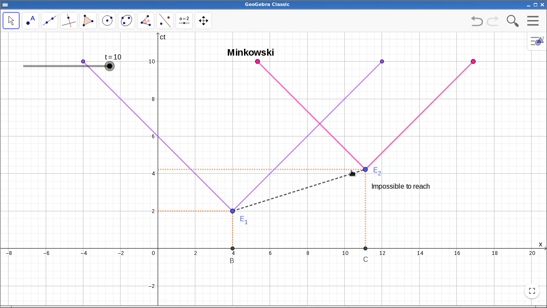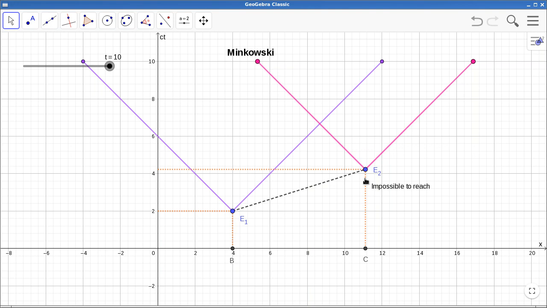You can read the coordinates here. The light sent by event E1 reached the location of event E2 at this point, somewhere around 9 seconds, but event E2 is somewhere around 4 seconds. So the light itself cannot reach the location of event E2. Hence E1 and E2 are called absolutely separated. In this case, you cannot influence event E2 by event E1.